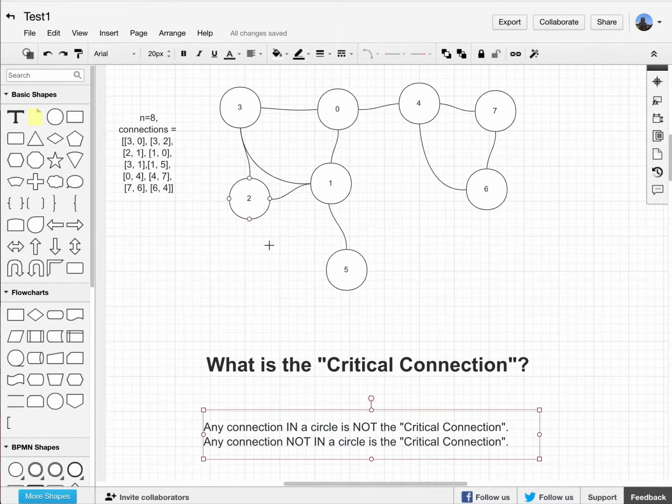So in this graph, the results will be this one, 0, 4, and 1, 5. These two connections are the result we want, because they're not inside a circle. All the other connections, this one, this one, this one, this one, and these 3 ones, are all inside a circle. That's not what we want.